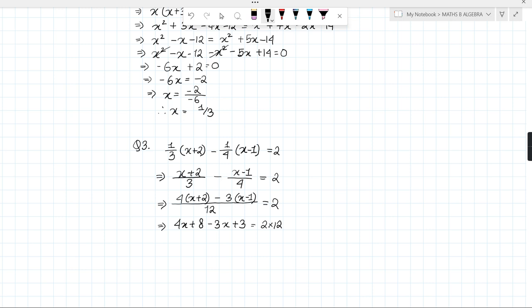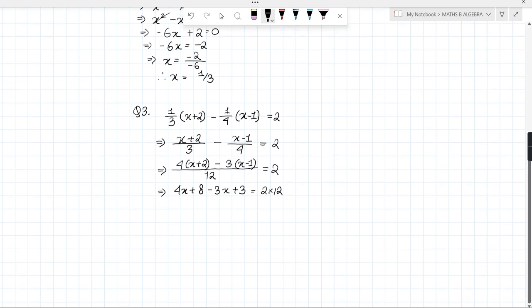So 2 into 12 is going to be 24. 4x minus 3x is going to be just x. 8 plus 3 is going to be plus 11, and this is going to be 24. The final value for x would be 24 minus 11, and if you subtract 11 from 24, you get 13. So the value for x is going to be 13.